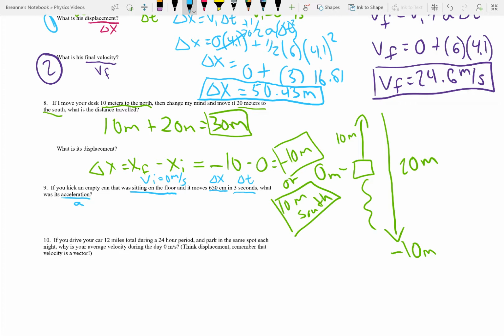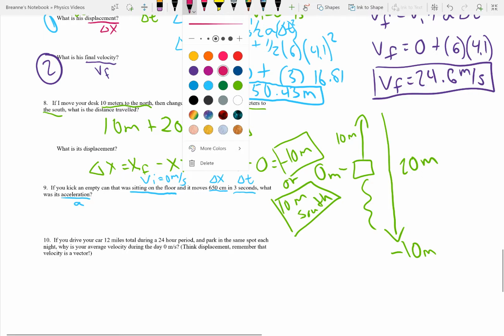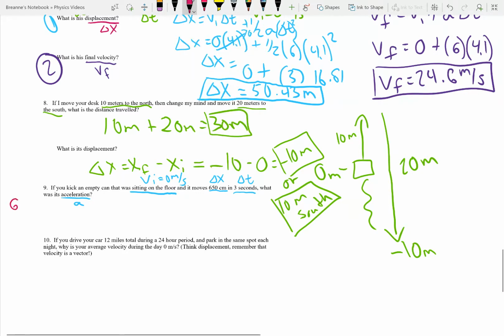But now, in physics, remember we do the MKS system. So with the MKS system, it means we use meters, kilograms, and seconds. Is our distance in kilograms? No, it's not. So we got to do a little bit of converting. So 150 centimeters.